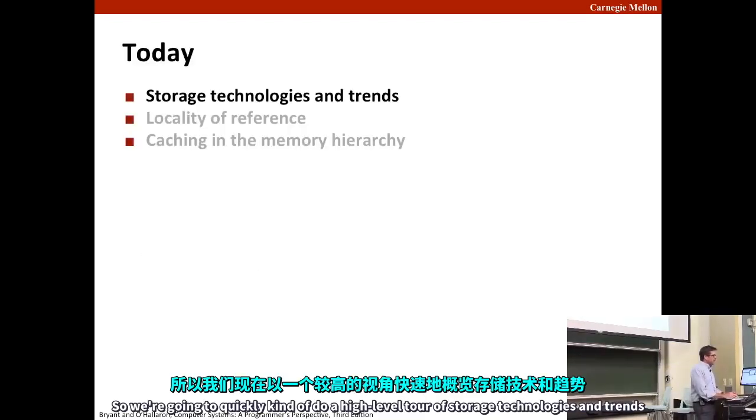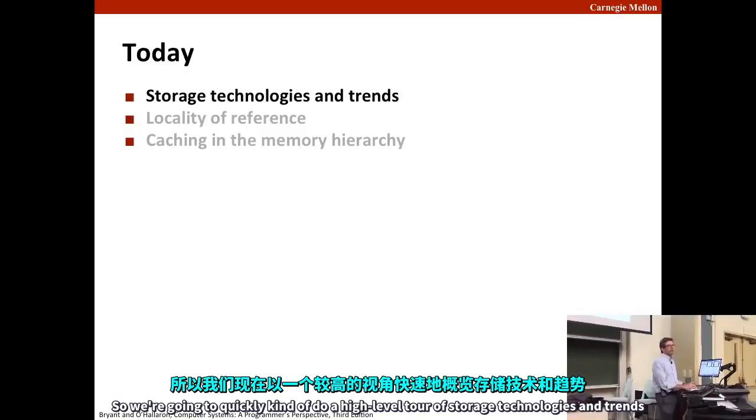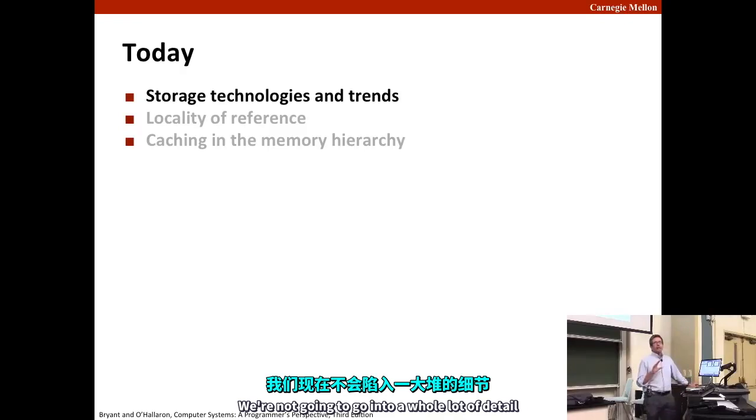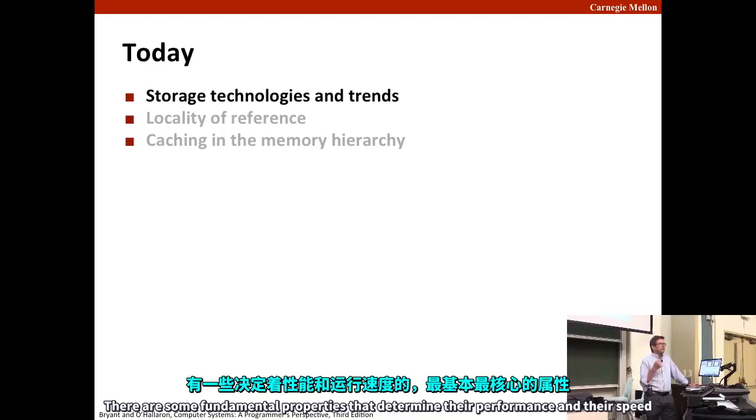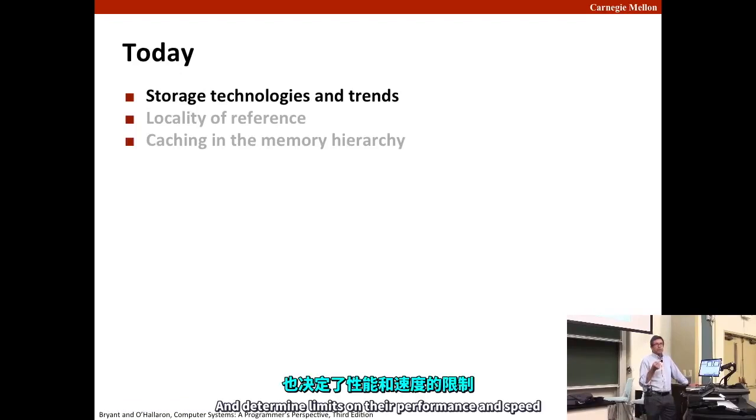So we're going to do a quick high-level tour of storage technologies and trends. We're not going to go into a whole lot of detail. The point in looking at the properties of these technologies is that there are some fundamental properties that determine their performance and speed, and determine limits on them.